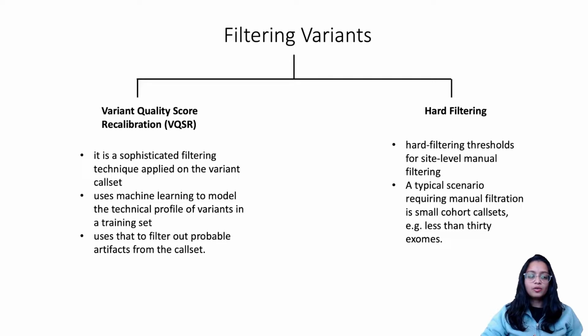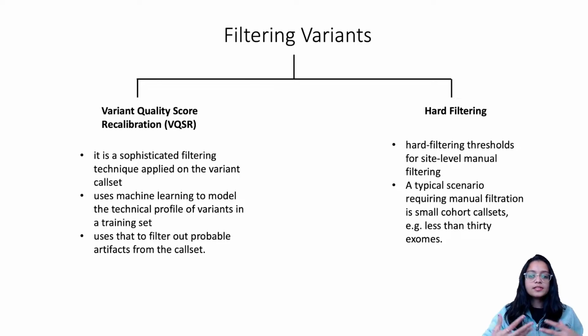However, the downside of this approach is that it requires well curated training resources, because, since it's a machine learning algorithm, it requires good quality training data from which it learns the annotation profile of good quality variants versus the bad. And these well curated training resources are not always available for organisms other than humans.